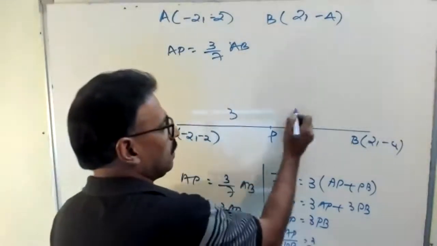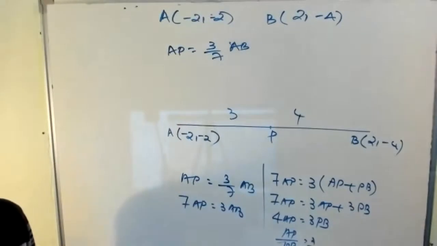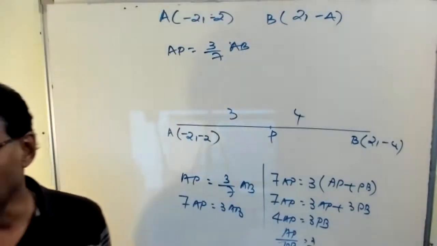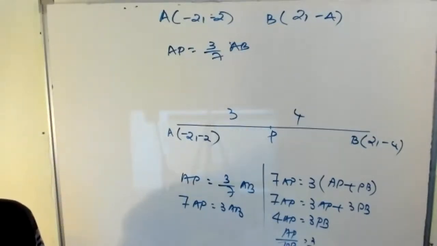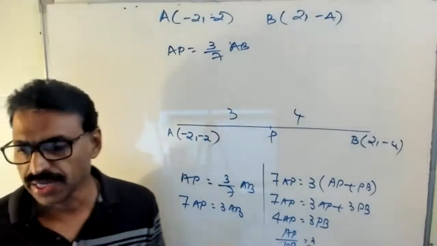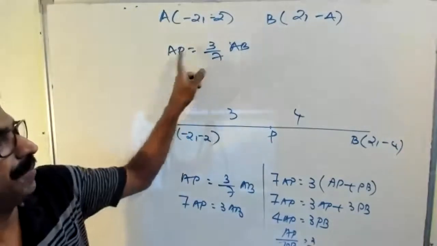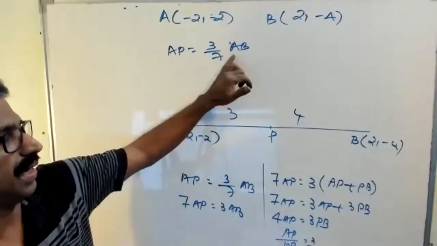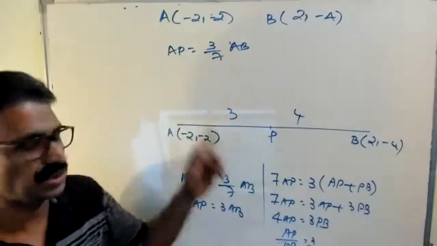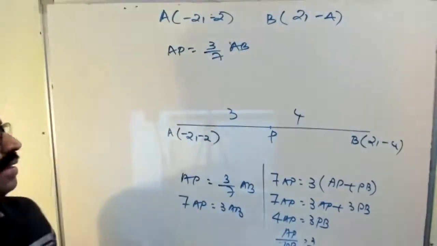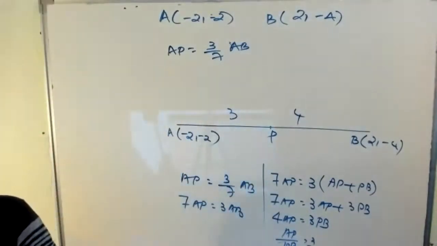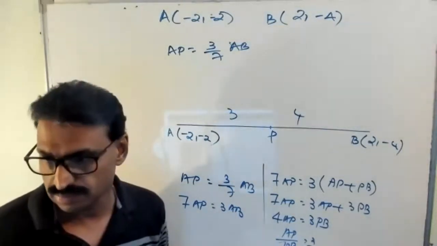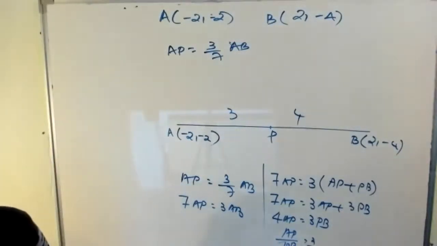So now we try. Dinesh, you got the ratio 3:4? Others, you understood how to get the ratio? Maybe you're confused. Here given AP by AB, not AP is to PB. 3/7 is not AP is to PB. You have to find that out. Okay, try first.